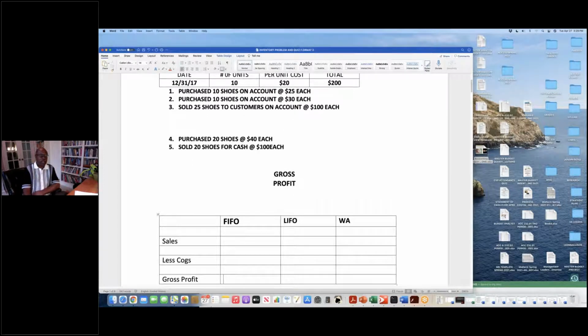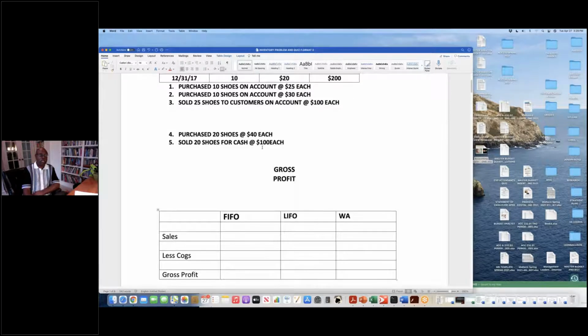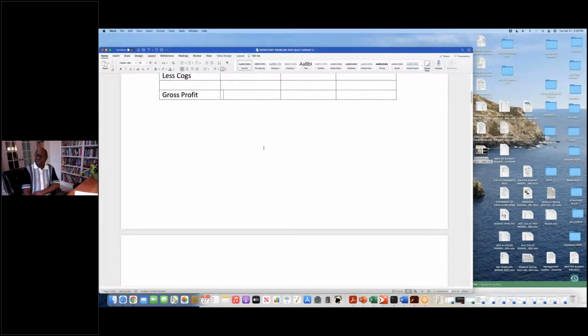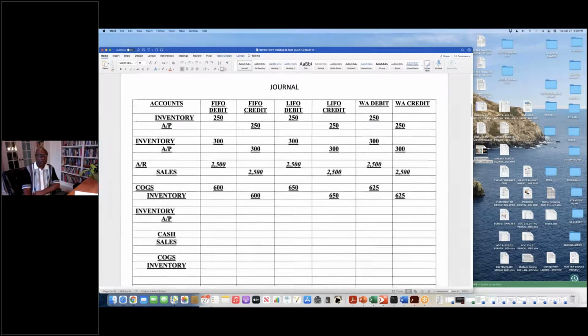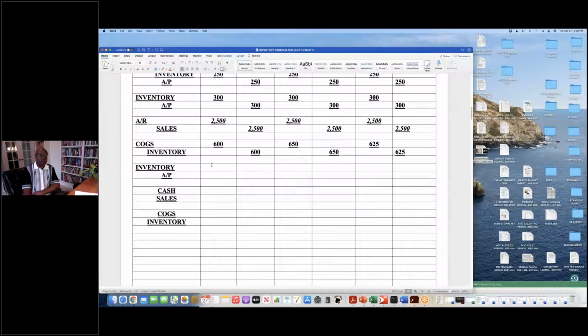We purchased 20 more pairs of shoes at $40 each. So that's how much we're buying, 800? So we're going to debit inventory for 800 and credit accounts payable for 800. And that's going to go all the way across.